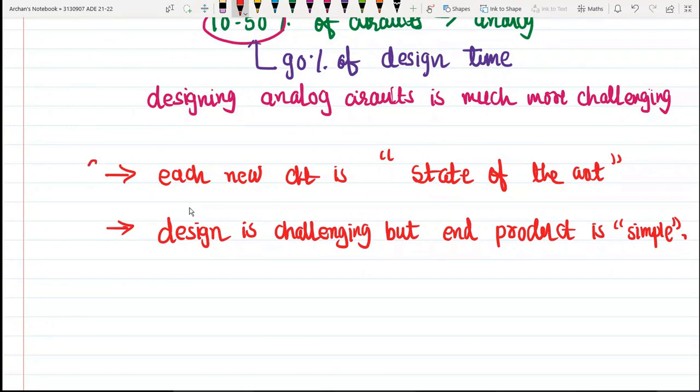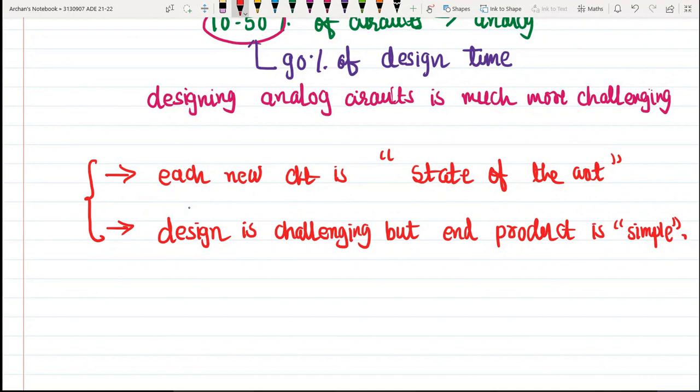So these two are the typical outputs of analog circuits. Though analog design is very challenging compared to digital circuit design, whatever new circuit we have designed will be state of the art, and it will be very simple in case of analog circuits.